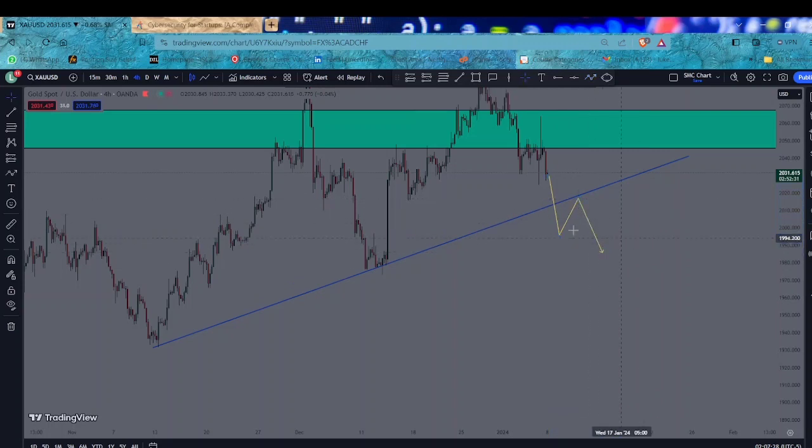This is what I'm gonna be waiting for. I'm gonna be waiting for the market to break this to the downside and maybe retest. I don't know exactly how I'm gonna enter this trade, right? But when the market comes to this zone, I'm gonna see how it reacts, and then that's what's gonna inform my decision to enter a sell on this trade.